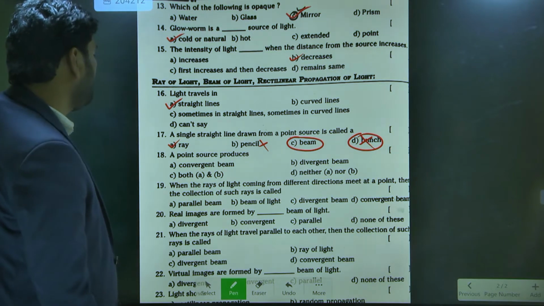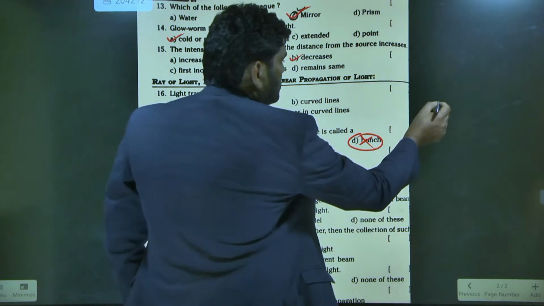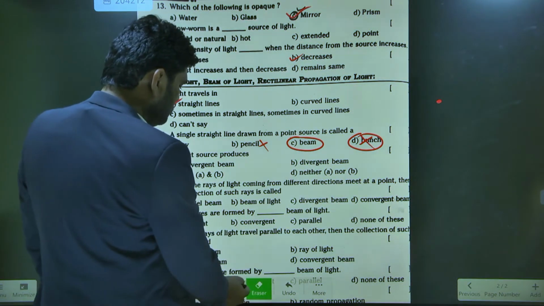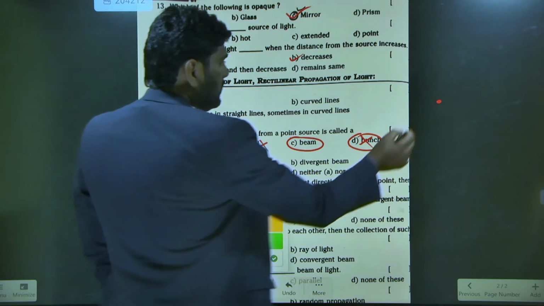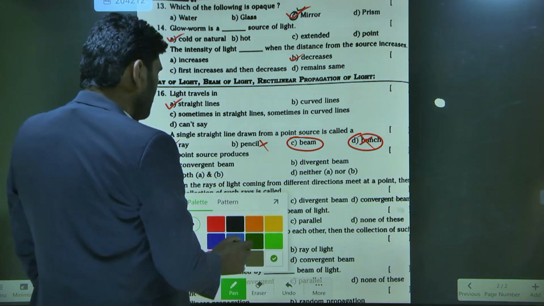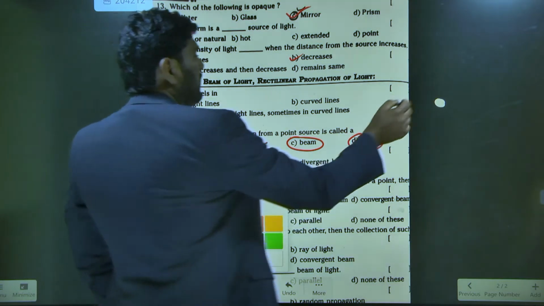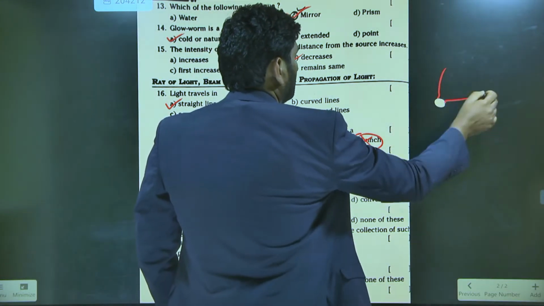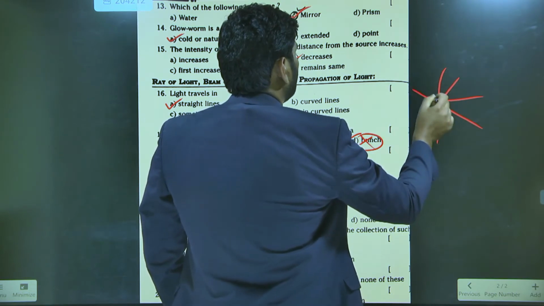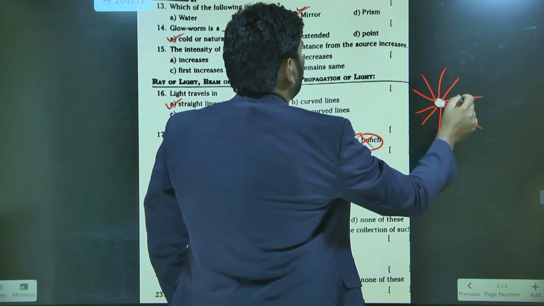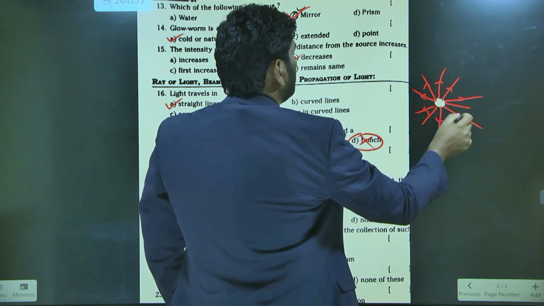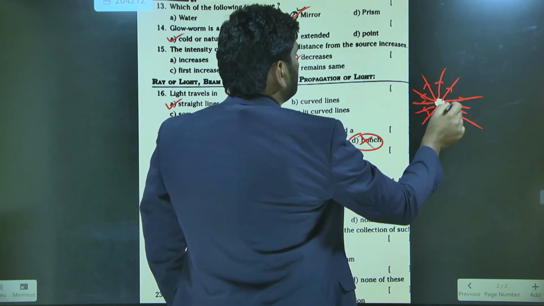See, let me draw a point source. This is a bulb. You can treat a bulb as a point source. From the point source, light rays will move in all directions, which means the light rays are diverging from the source.